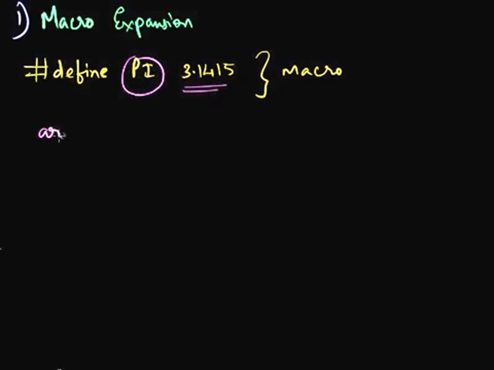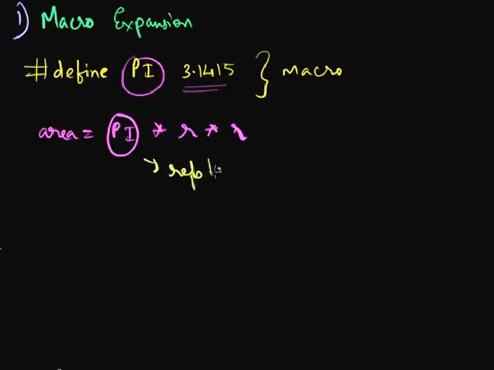So if you have area is equal to pi into r, pi r square, this pi will be replaced by 3.14, by this value 3.1415. It is actually nothing but giving some meaningful name to some code or to some constant value.